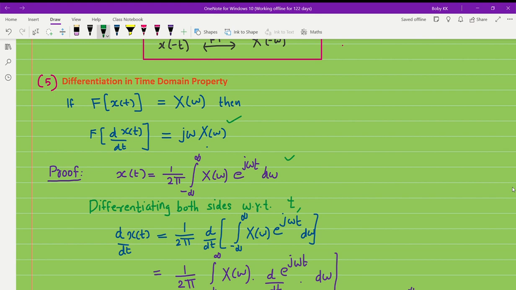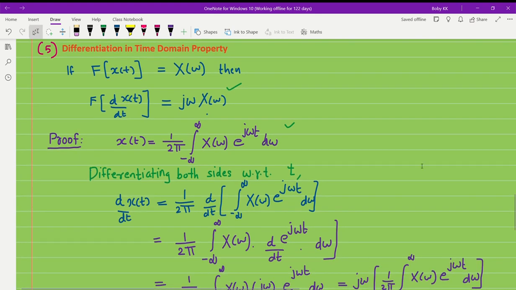So what we are getting here is, in the left hand side LHS, d by dt of x of t. In the RHS, right hand side, 1 by 2 pi is a constant that is taken outside. d by dt of integral of X of omega e raised to j omega t into d omega.